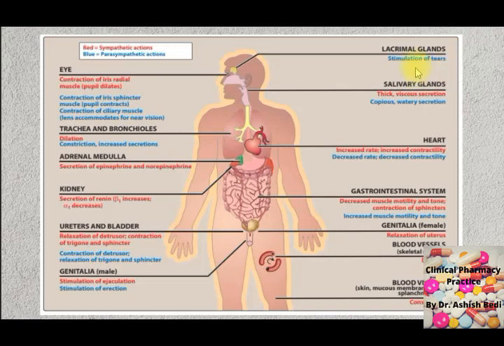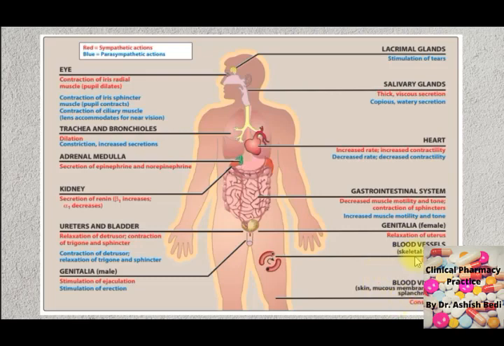Okay, so this is kind of that. Here is the whole example. You can go through that, like blood vessels. It will first constrict the blood vessels by activating the sympathetic nervous system, and afterward it will dilate them.